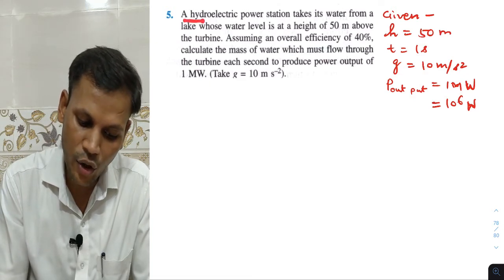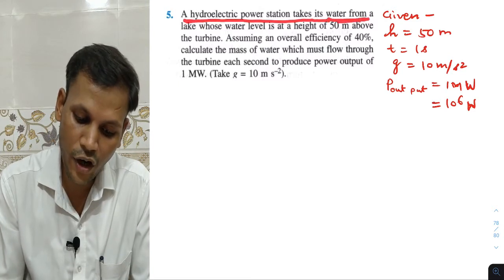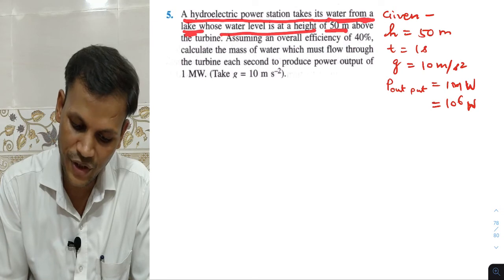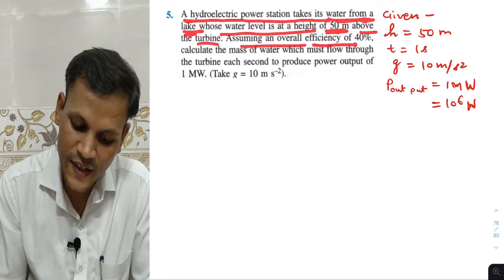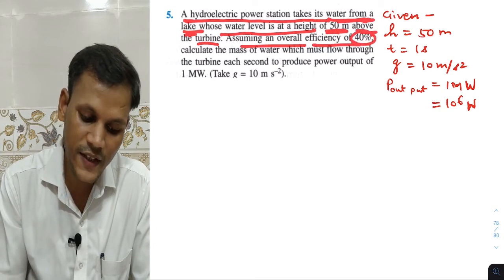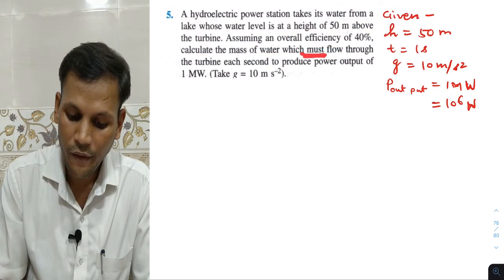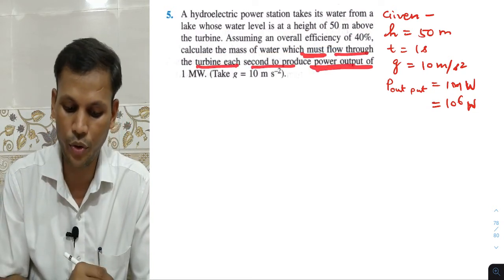A hydroelectric power station takes its water from a lake at a height of 50 meter above the turbine, with an overall efficiency of 40%. Calculate the mass of water which must flow through the turbine each second to produce the power output.